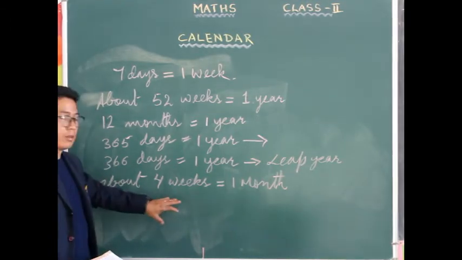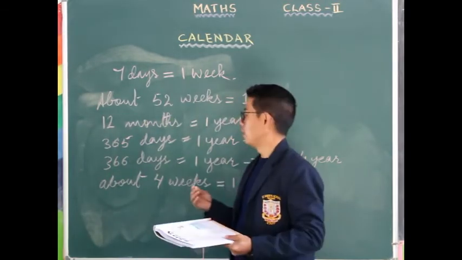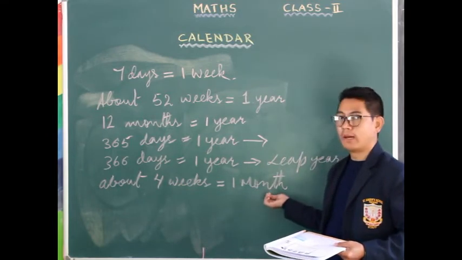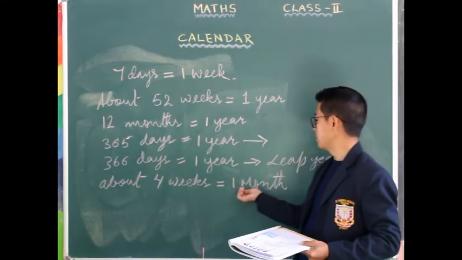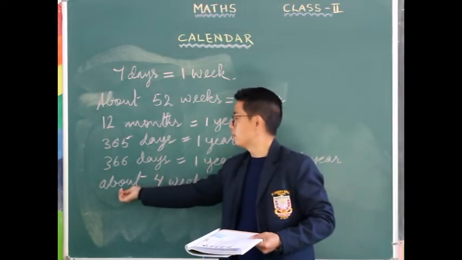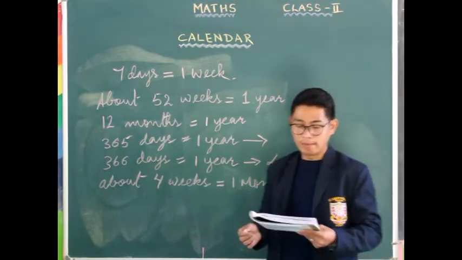Not exactly. Sometimes we can say it is 4 weeks in a month, or about 4 weeks in 1 month.